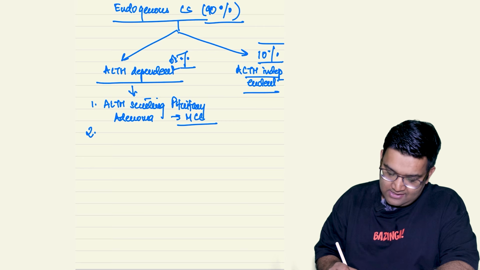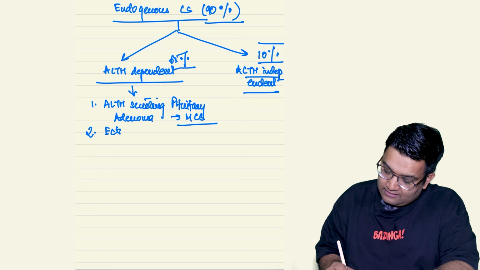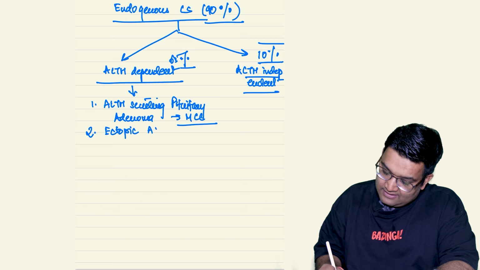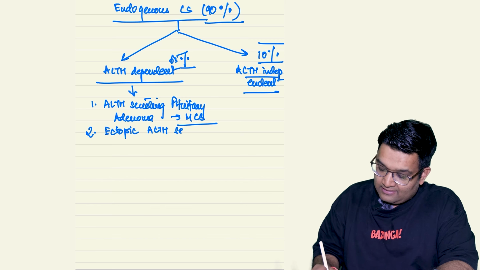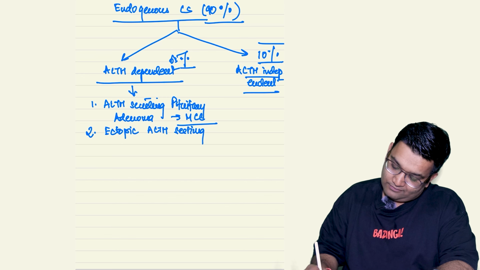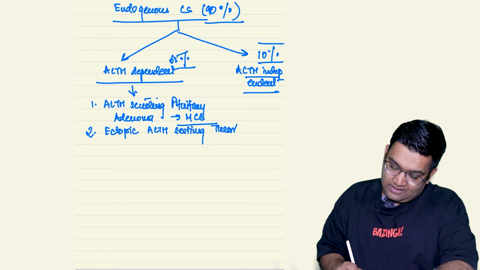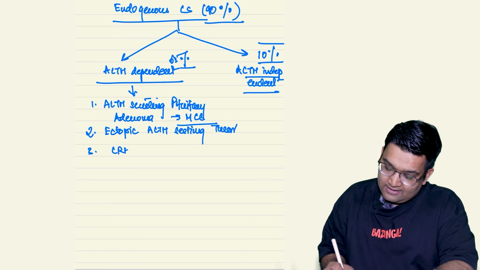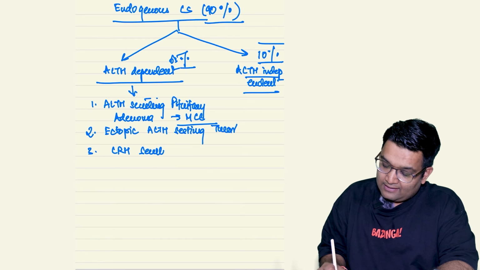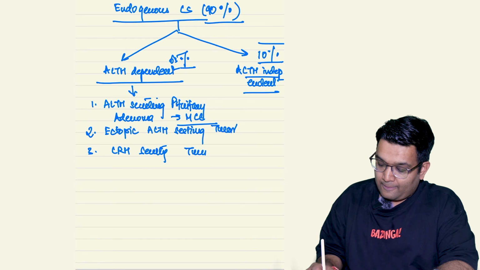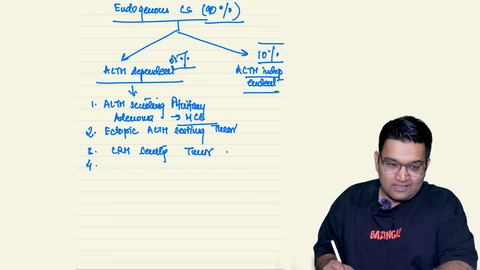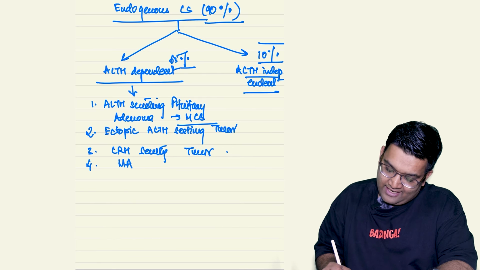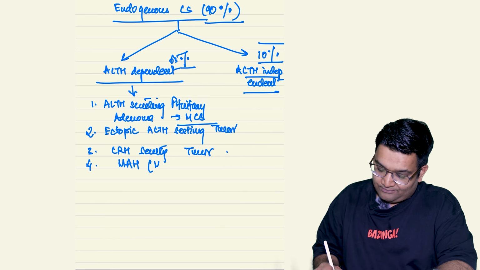So the second one is an ectopic ACTH secreting tumor. Third is a CRH secreting tumor. The fourth is macronodular adrenal hyperplasia.